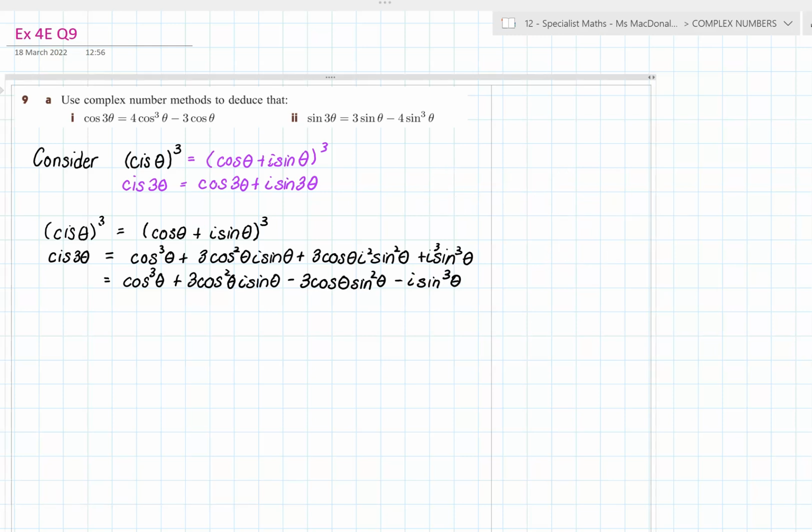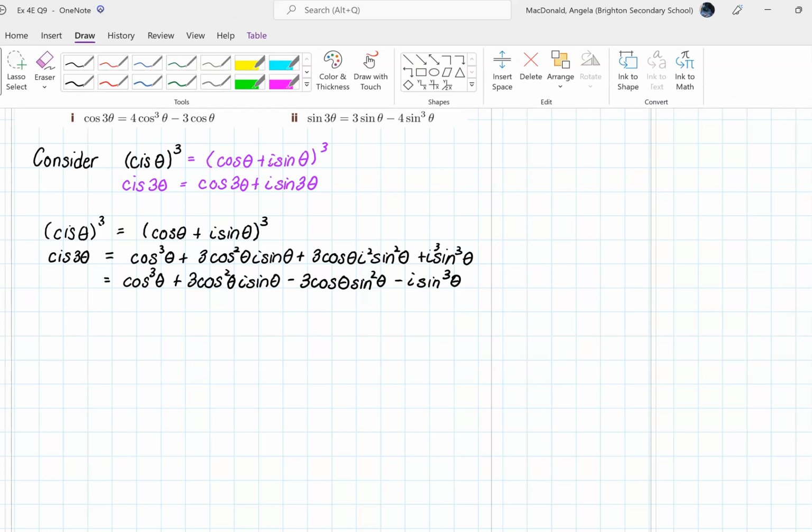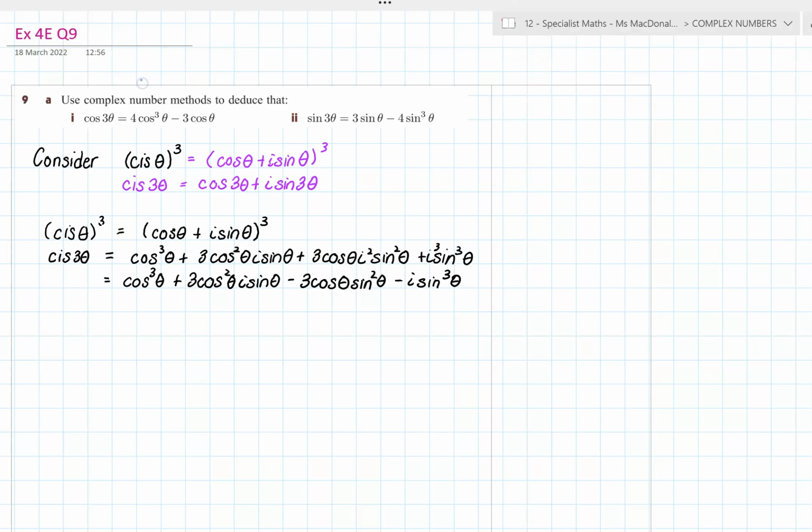Okay, so now it's time to equate the real parts with the imaginary parts. If we come back to our cis 3θ, what this actually is, as we said at the start, is cos 3θ plus i sin 3θ.